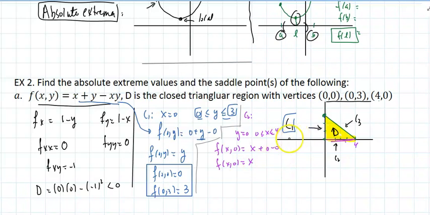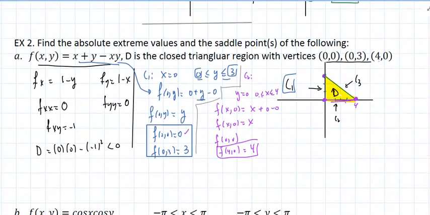Y equals x, I know how that works. That's a line. If you cut it off at 0, 0, I already got that point. I don't need to find it again. But f of 4, 0 is another point at this endpoint. That is 4 plus 0. That's just 4. Now comes the tricky part.